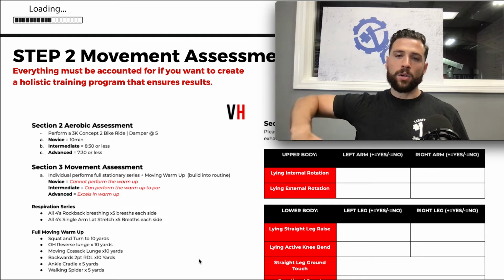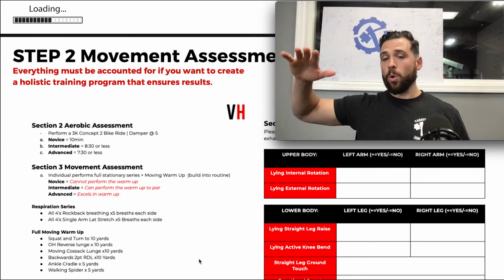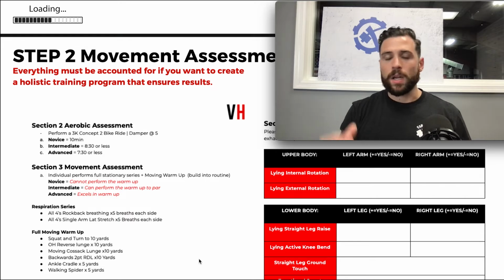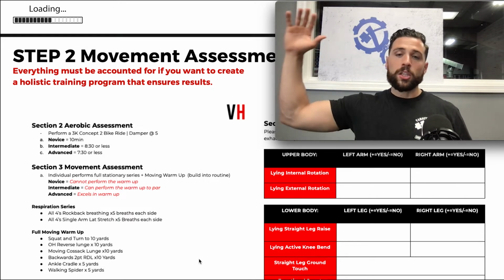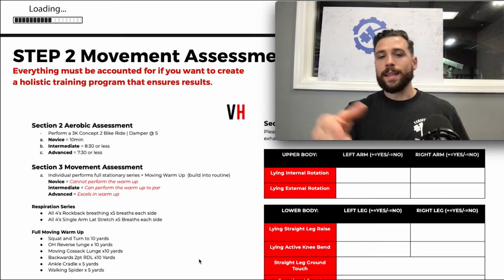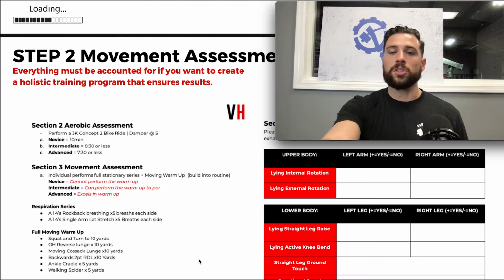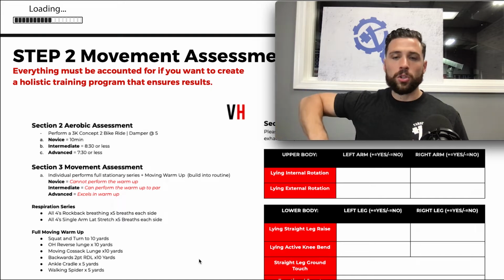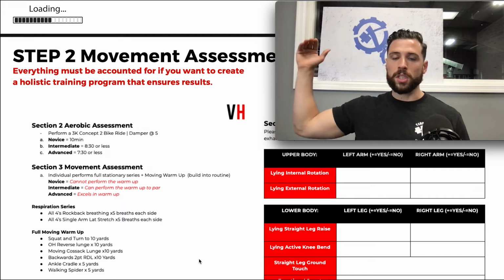Can they get their hand all the way to the ground and past almost 180 degrees? If not, not past 180 degrees. So if they can get their hand all the way to the ground here from a starting position, then yes, they have it, right? So you can see with their left arm, a plus means they can, a minus means no. So I'm going to do an internal rotation test and an external rotation test.